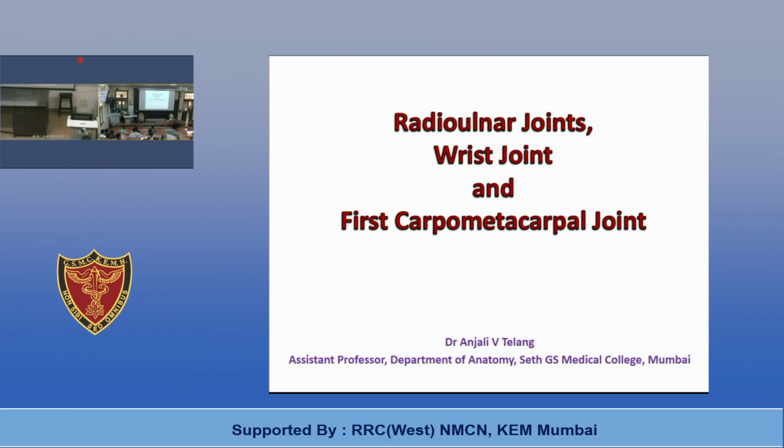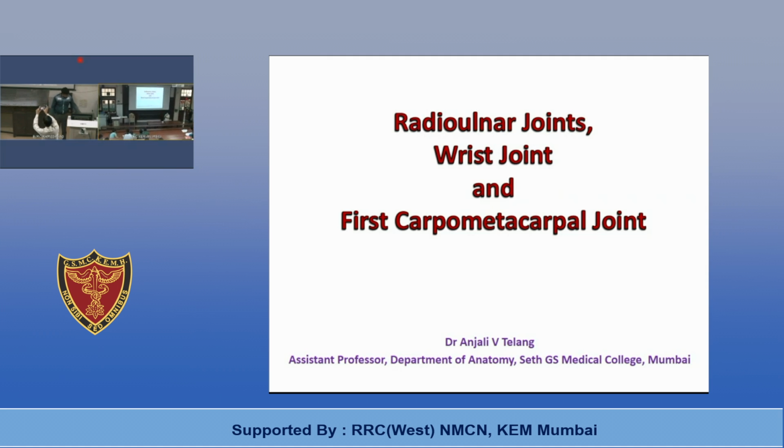So this will be a session on gross anatomy, radioulnar joints, wrist joint and first carpometacarpal joint. So what are the headings under which you usually describe any joint?